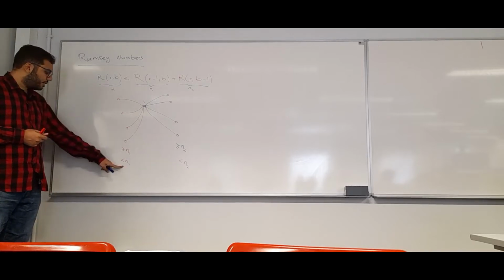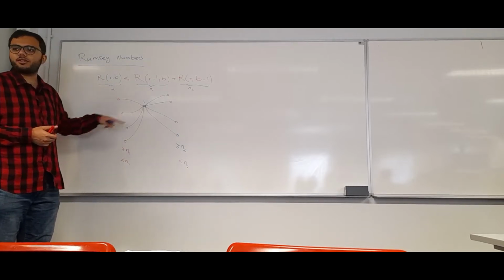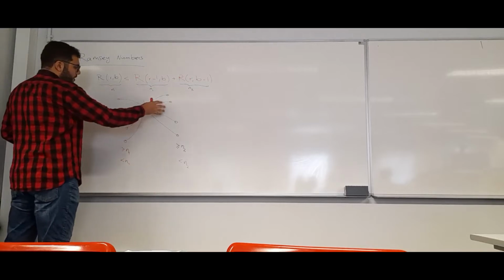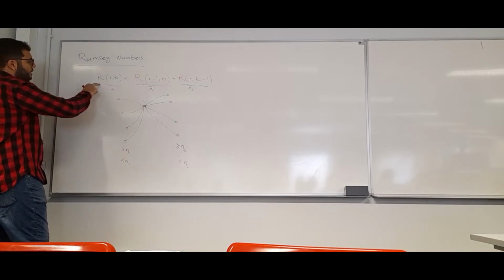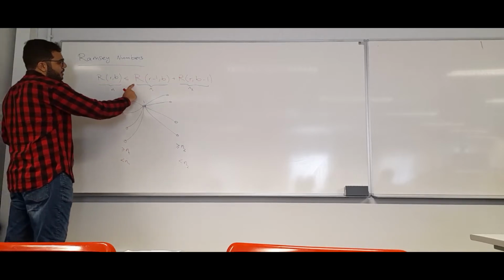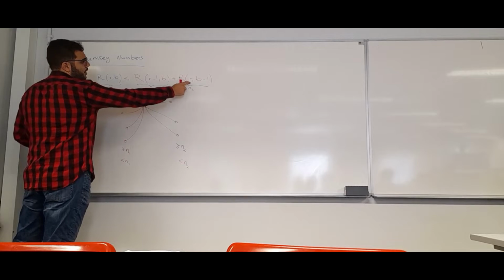Right? I can have N1 minus 1 here, N2 minus 1 here, but I also have plus this one. So if I have N1 plus N2 vertices, this construction would definitely work. And this is the proof that the number of vertices that I need for parameters R and B is at most the number of vertices I need for R minus 1 and B plus the number of vertices for R and B minus 1.